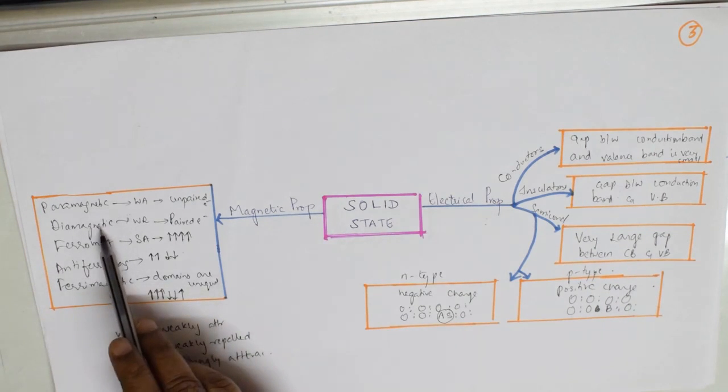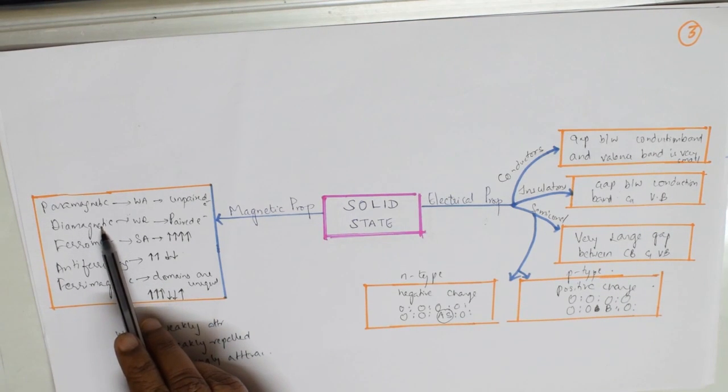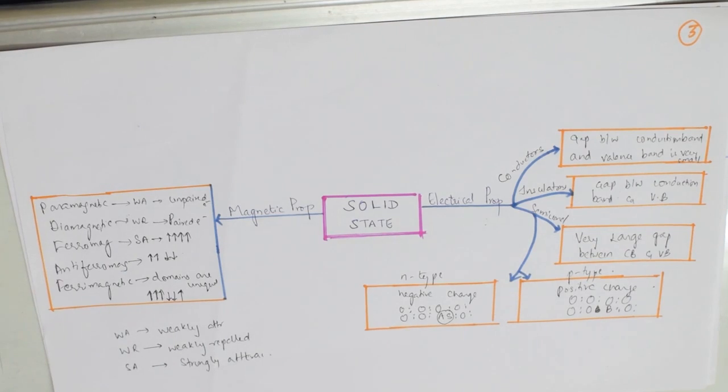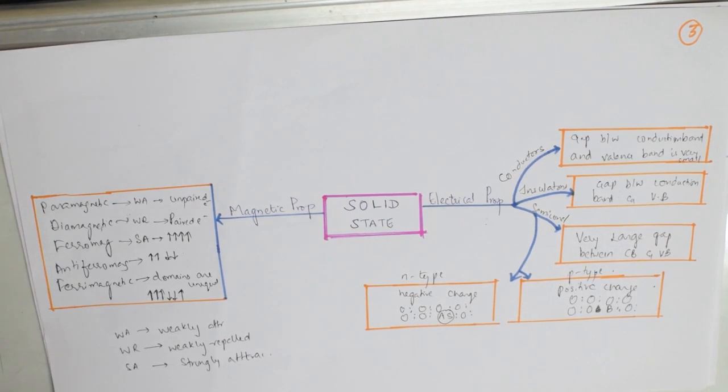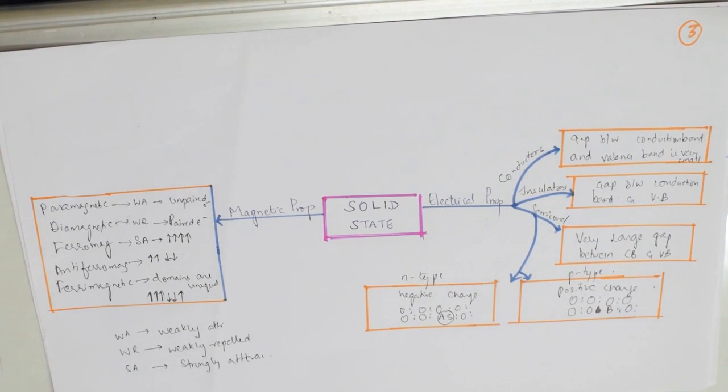When I take the example of paramagnetic, oxygen is one example, copper is one example. Diamagnetic, all are paired electrons, where I can take an example of water. Ferromagnetic, where all the domains are in the same direction, iron is an example, strongly attracted.